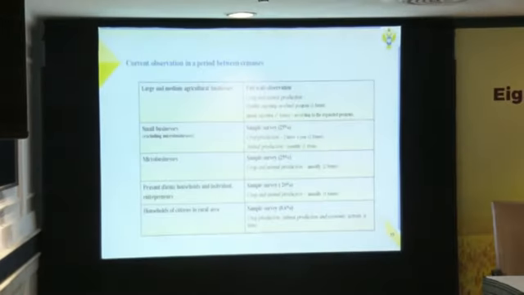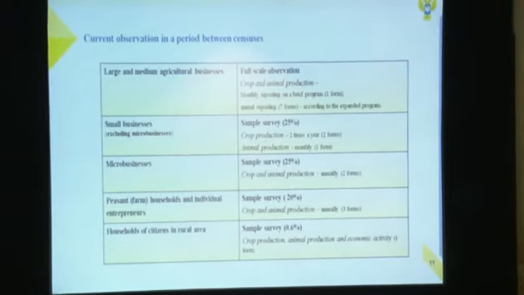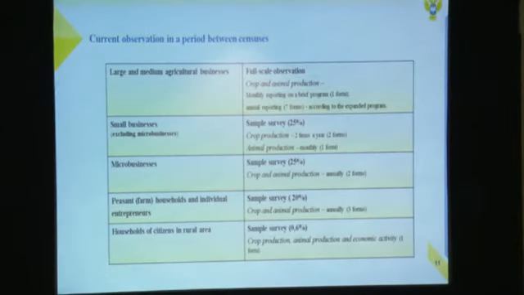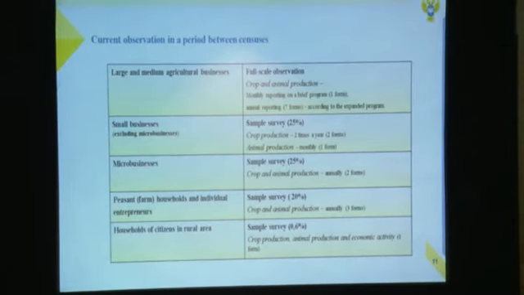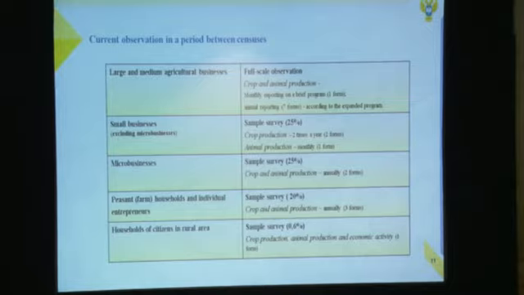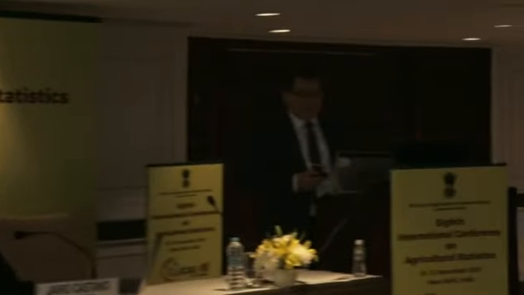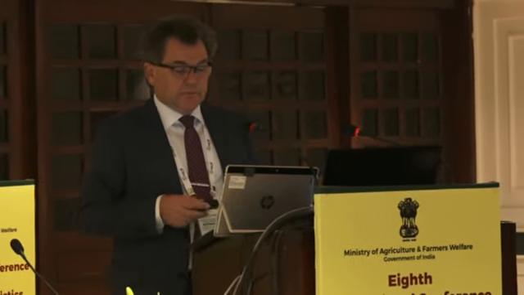Current monitoring in the period between censuses is organized so: for large agricultural businesses, full-scale observation is carried out. The remaining categories are observed by sample survey. For small businesses, the sample is 25%.